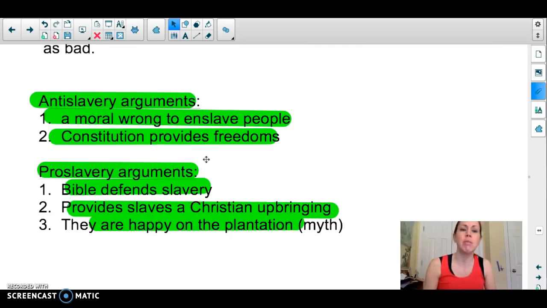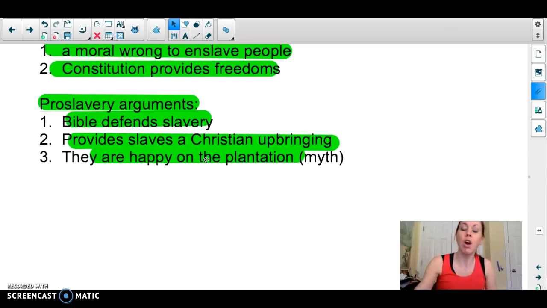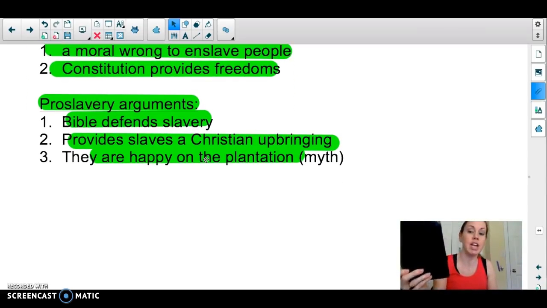Anti-slavery arguments, folks against slavery in the North. So this is morally wrong. Why are folks in the South enslaving people? It's just immoral. And the Constitution provides freedoms to all citizens, and they felt like slaves should be considered citizens and protected. Pro-slavery arguments, I brought my Bible with me, they're going to say the Bible defends slavery.